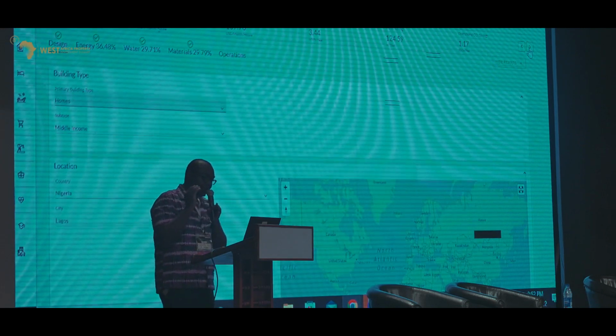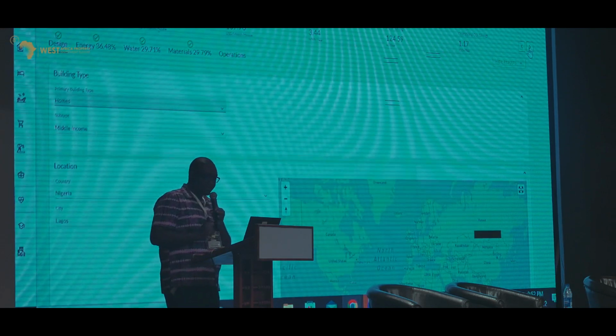The final utility costs of your building, which you are supposed to be paying around 50,000 naira per month, and these estimates are generally close to what you'll be paying if this is the design of your building. It also gives you the energy savings you'll be making per year in megawatt hours.